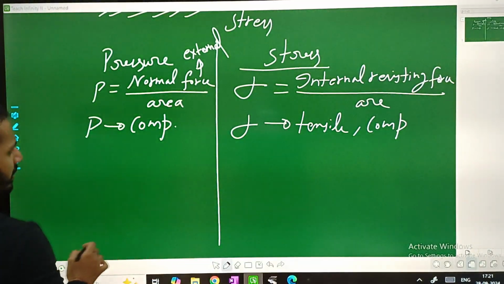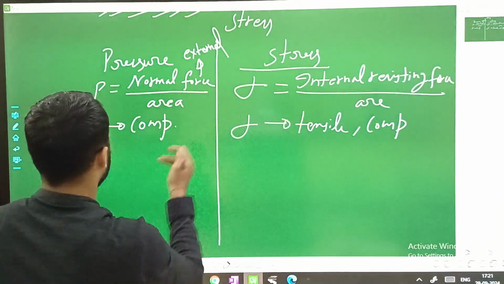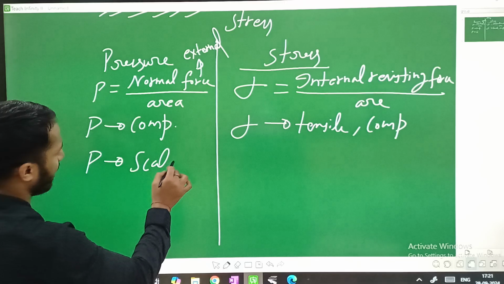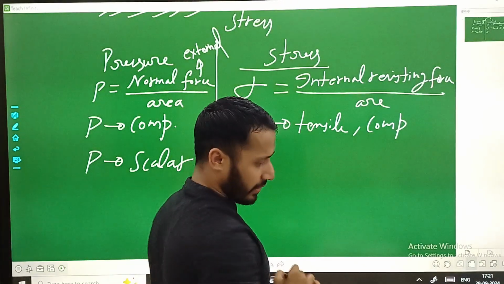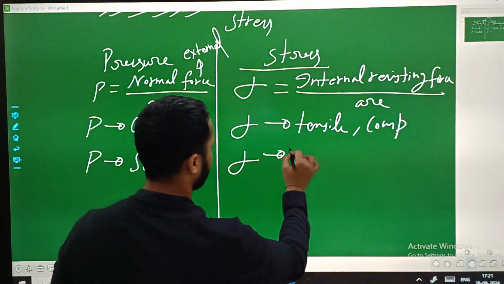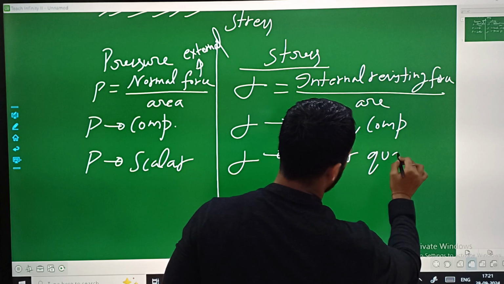Now, the third difference: pressure is a scalar quantity. A stress is a tensor quantity. Tensor.